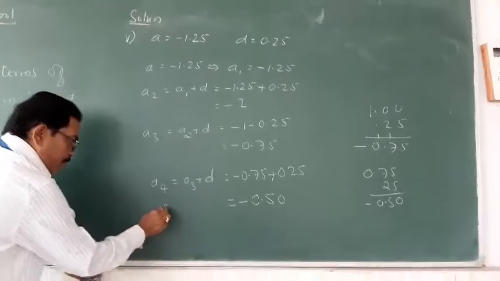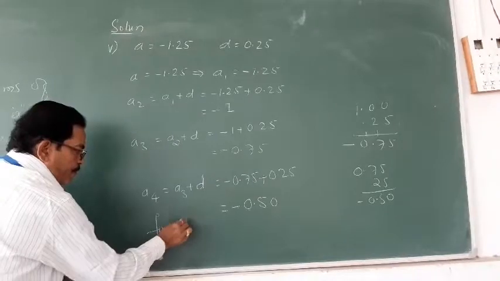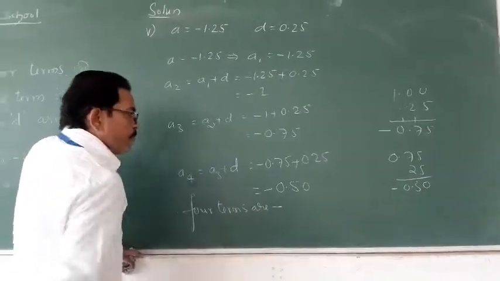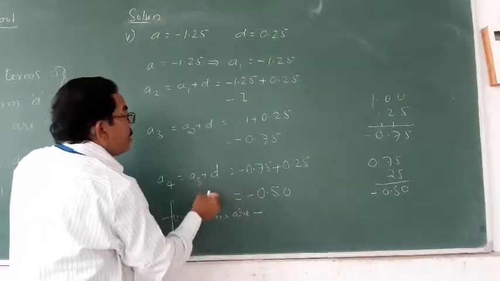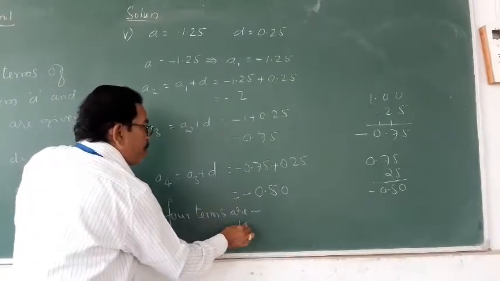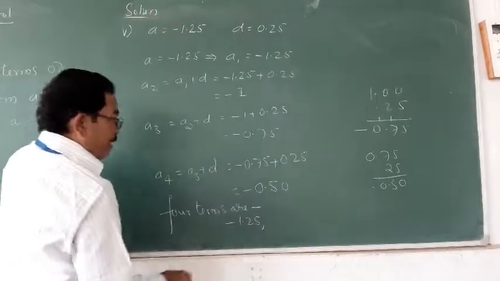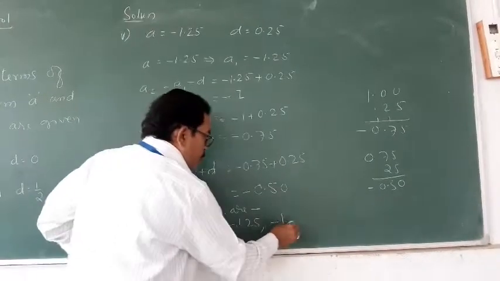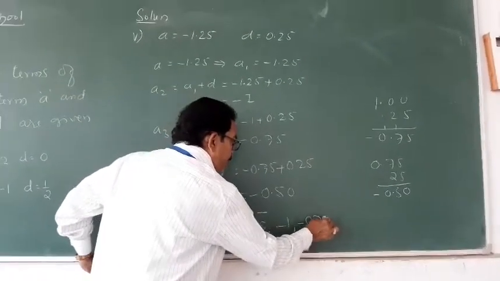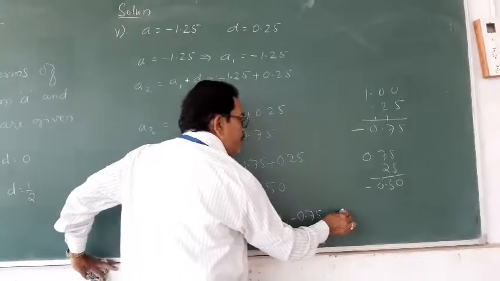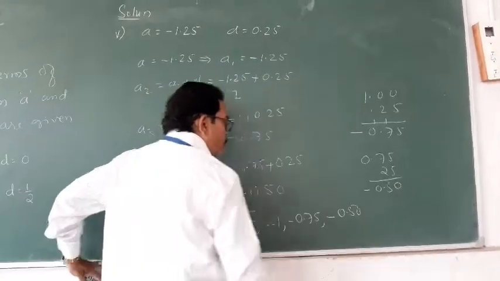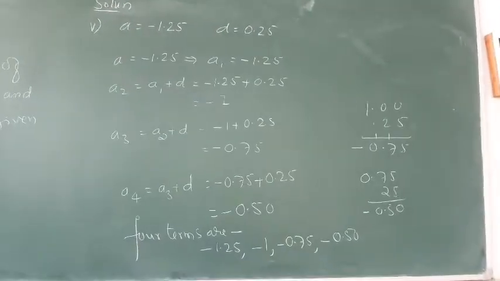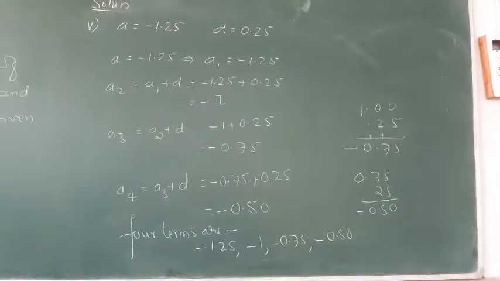The four terms are minus 1.25, then A2 minus 1, then minus 0.75, then minus 0.50. See attentively in what way we have solved it.